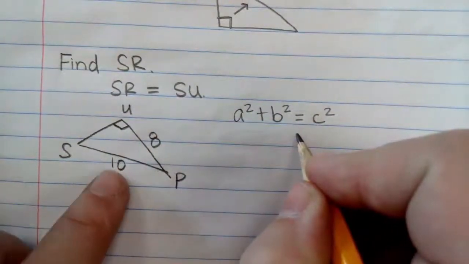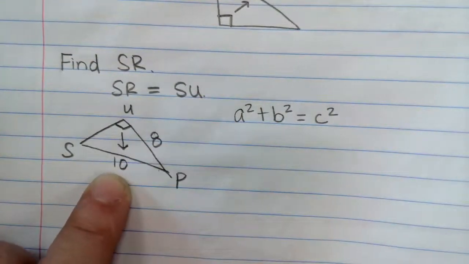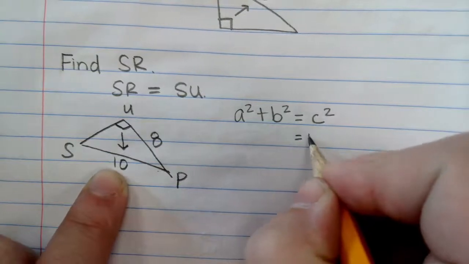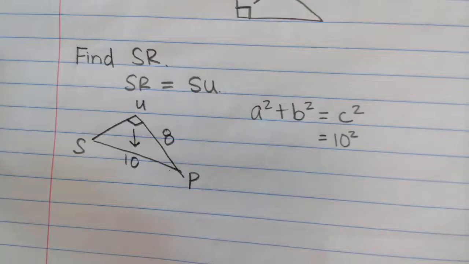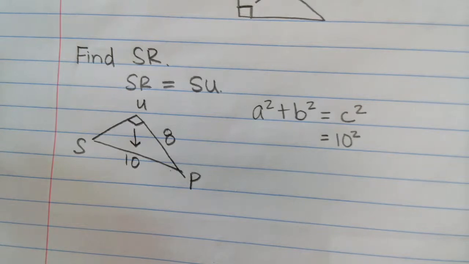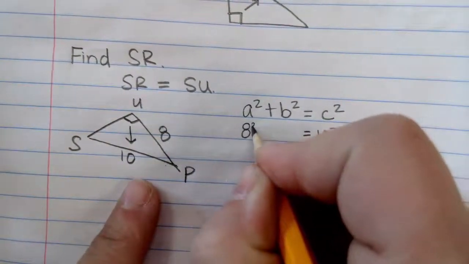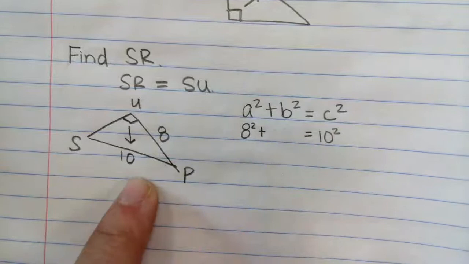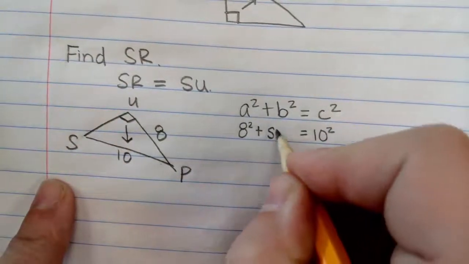Good, the 10, because it's across from the 90. So this is going to equal 10 squared. Now between the A and the B, it doesn't matter which one is the 8 and which one is SU. Which one do you want to be 8? A or B? Okay, A. So 8 squared plus, and we don't know this part, so we're going to leave that as SU squared.